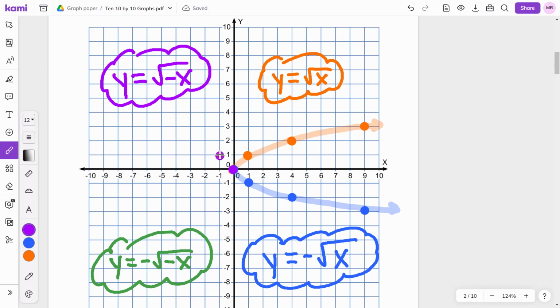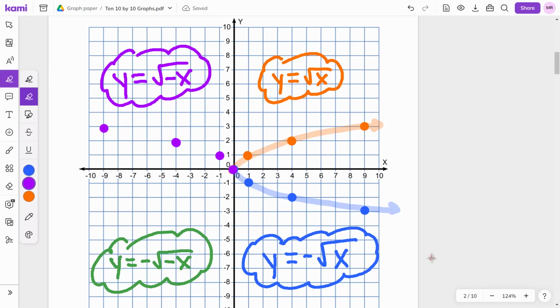So I have 1. When I put in a negative 4, I'm really taking the square root of a positive 4, which is going to give me a 2. When I put in a negative 9, the square root of a negative 9 is the square root of 9, which is a 3. And so you see that instead of opening to the right, it's going to open to the left.